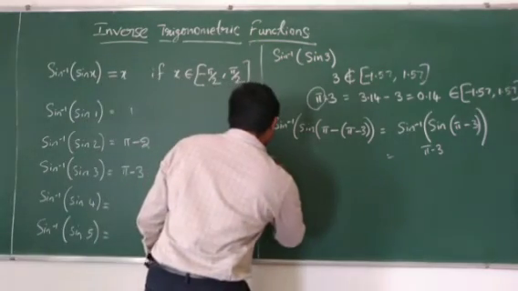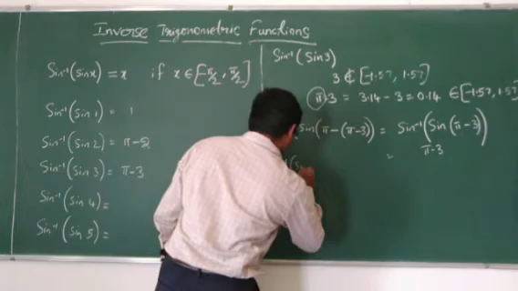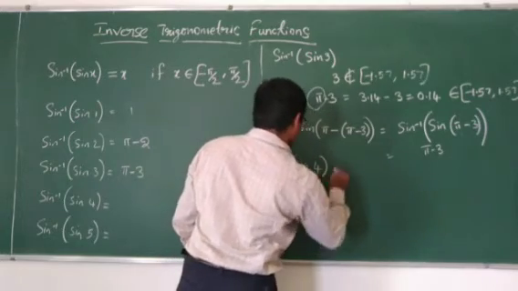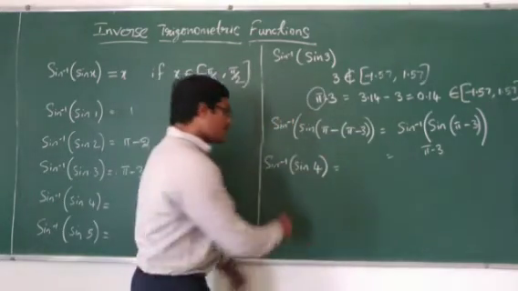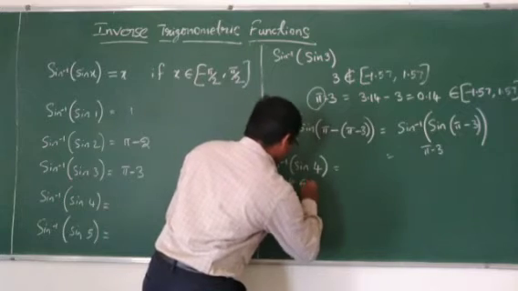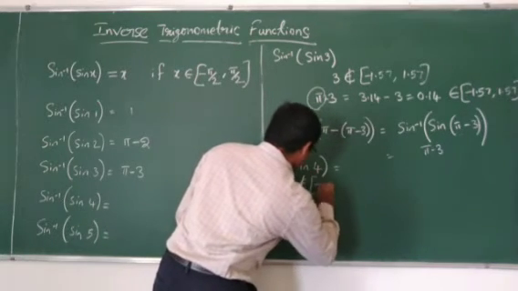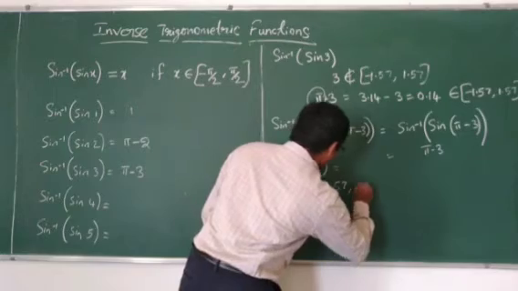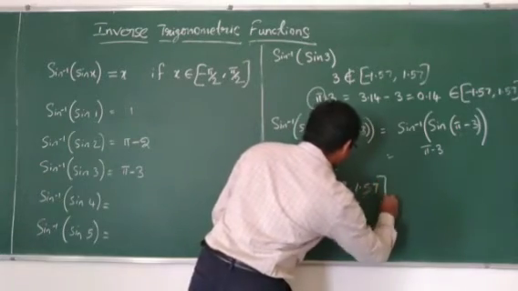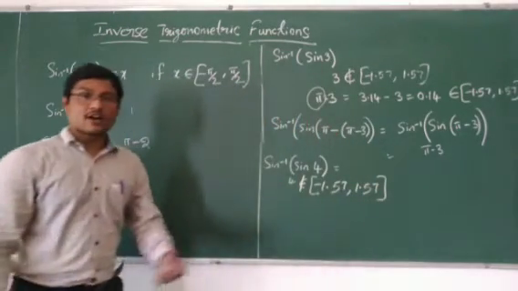Now take sine inverse of sine 4. Again, 4 does not belong to minus 1.57 to 1.57. So again what we do?